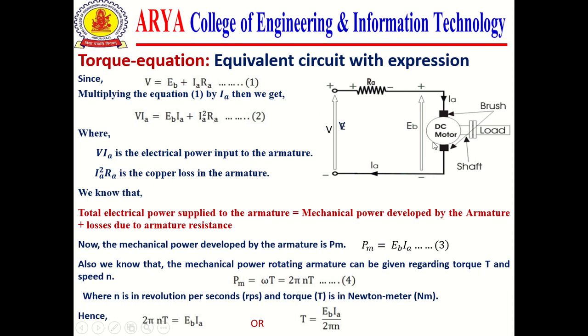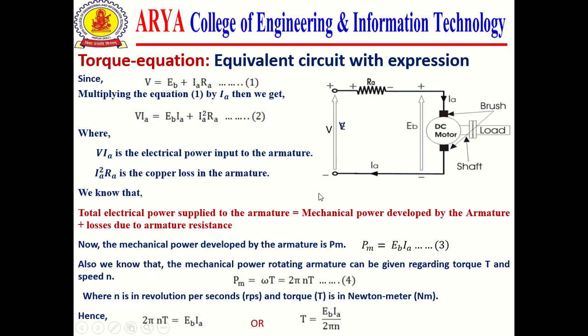Here the back EMF is induced, and here this shows the load driven by the DC motor. Here there are two parts, the brushes and the shaft. The useful torque is obtained by the shaft to do useful work, and the remainder is the losses in some parts, air gap, copper losses or field losses.